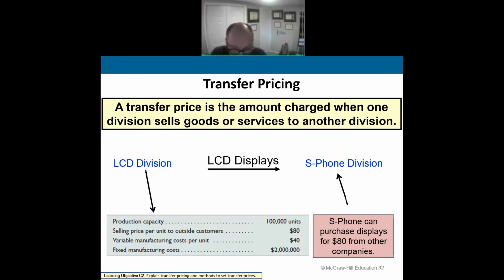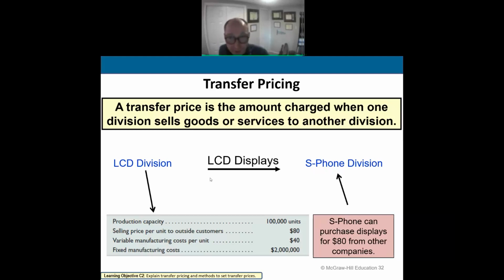I currently sell each unit for $80 a piece. I have a total variable cost per unit of $40 per piece. I can transfer some units to another division, or I can purchase the product from another company.